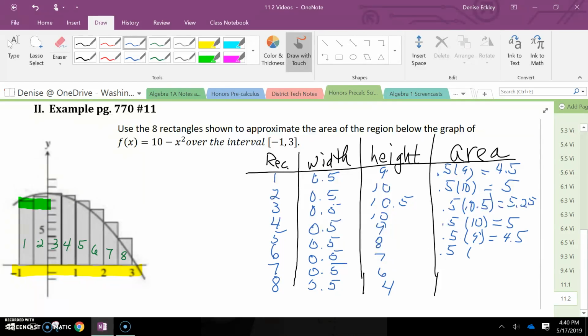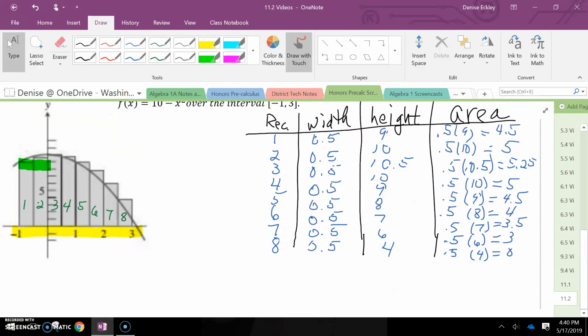Half of 8 is 4. Half of 7 is 3.5. Half of 6 is 3. And then half of 4 is 2. So now we're going to add these up. And when we add these values up, I get a grand total of 32.75 square units.